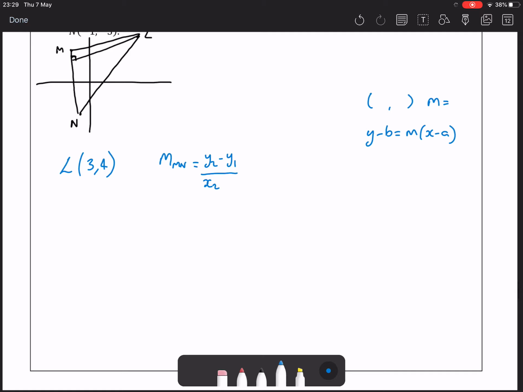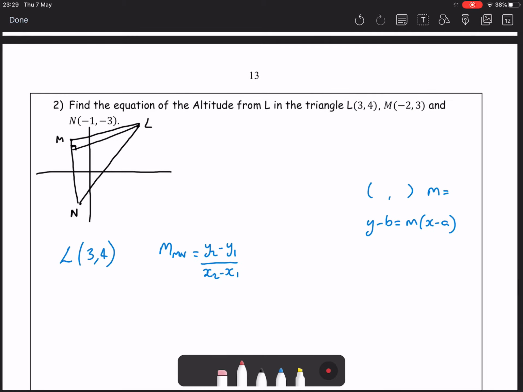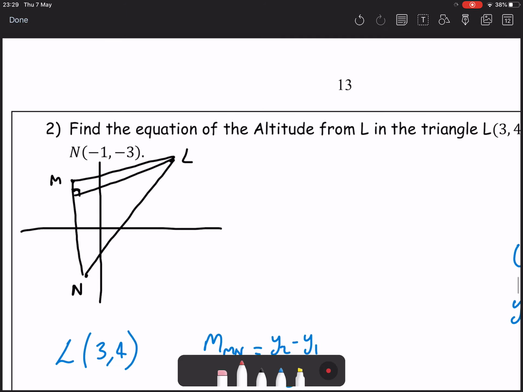Using my gradient formula, labelling my points to keep myself right, MN, x and y of my first, x and y of my second.